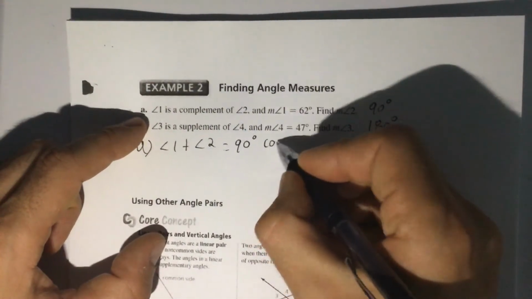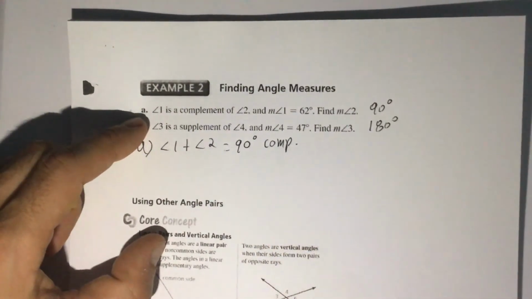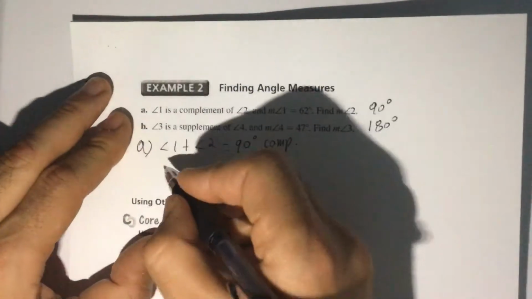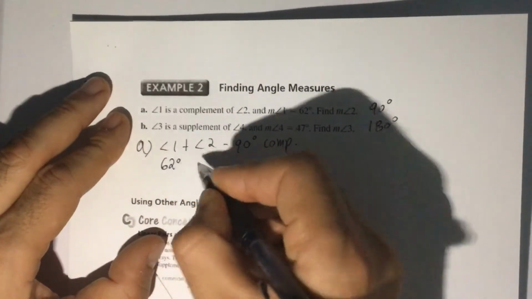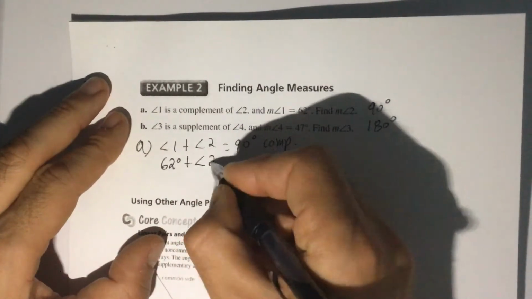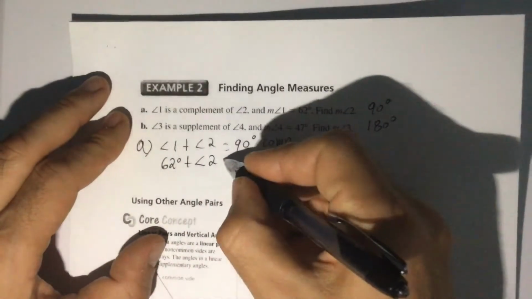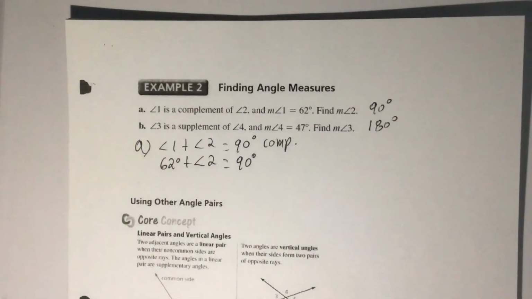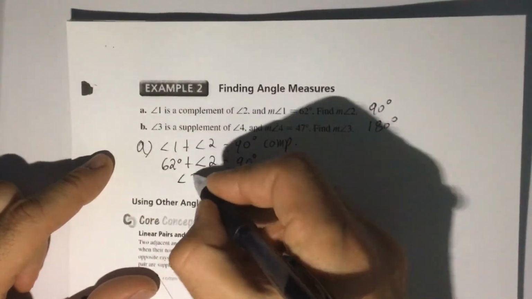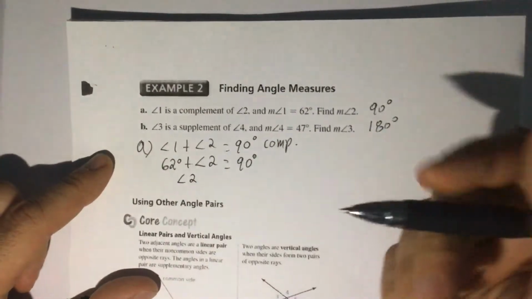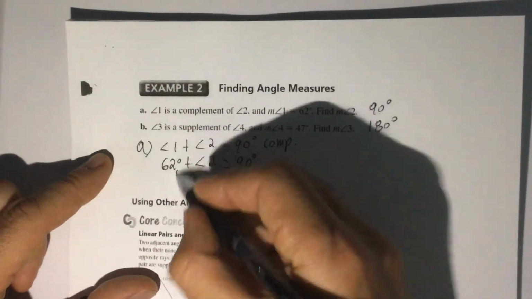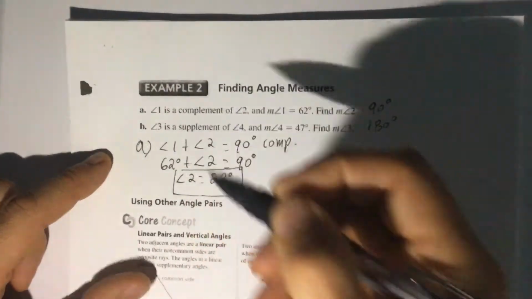So angle 1 is 62 degrees. Angle 2, I do not know what angle 2 is, and that's going to be equal to 90 degrees. So subtracting 62 degrees from both sides of the equation should give you angle 2, which is basically 90 minus 62, and that will be equal to 28 degrees. That is the complement angle of angle 1.